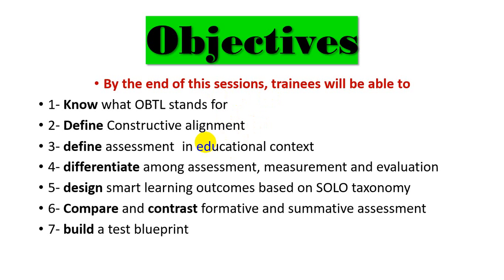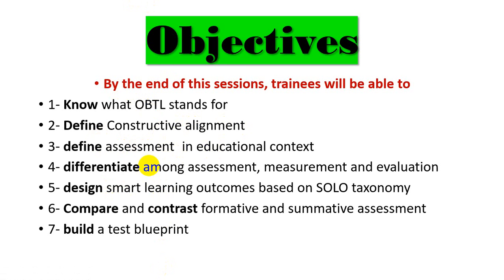So in this session we are going to cover seven items, which are: what do I mean by OBTL, what is constructive alignment, and we are going to define assessment in different educational contexts. We will differentiate between assessment, measurement, and evaluation.